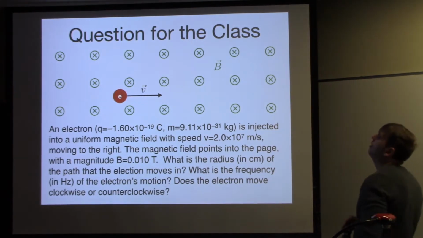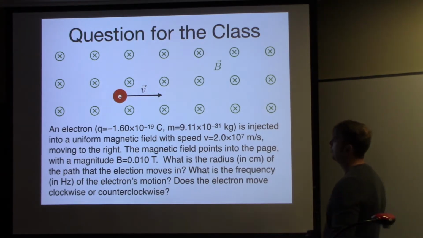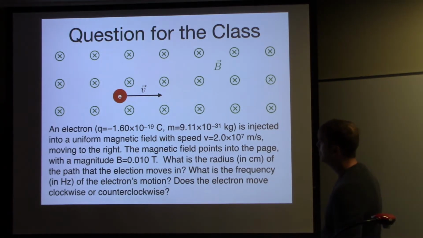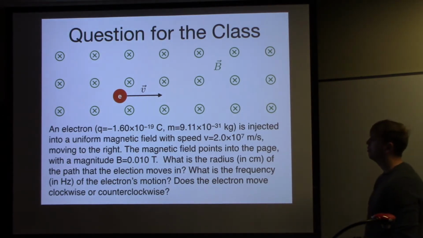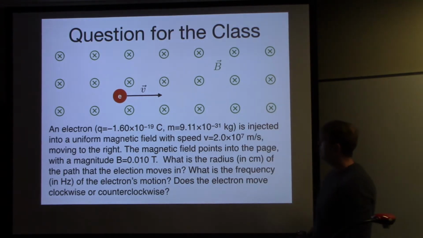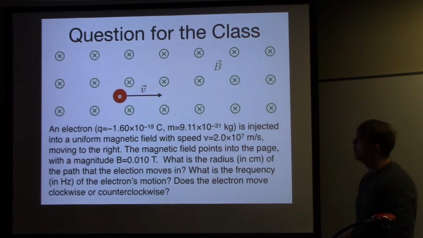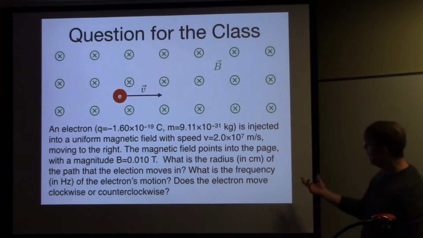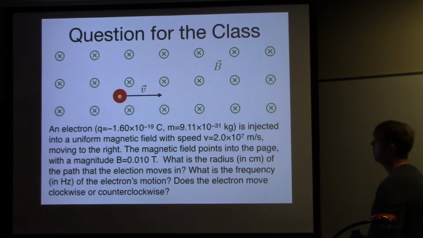An electron whose charge is equal to negative 1.6 times 10 to the minus 19 coulombs and mass is 9.11 times 10 to the minus 31 kilograms is injected into this uniform magnetic field with a speed of 2 times 10 to the 7 meters per second, and let's say it's starting off moving to the right. The magnetic field points into the page, and it has a magnitude of 0.01 Tesla.